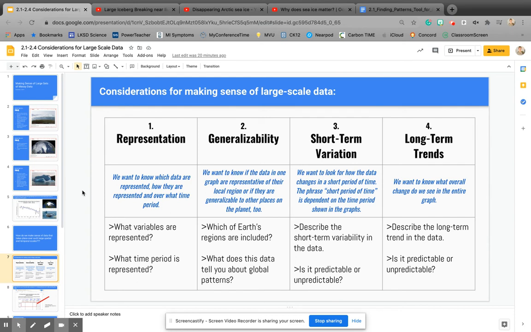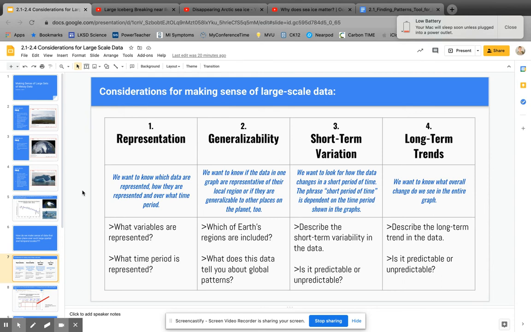The second thing is generalizability, which I have to say that's super slow, otherwise I miss syllables. Generalizability. So we want to know if the data that's being presented is representative of only a small chunk of land, like a smaller area, or can we use that data set to represent something on a more global scale?